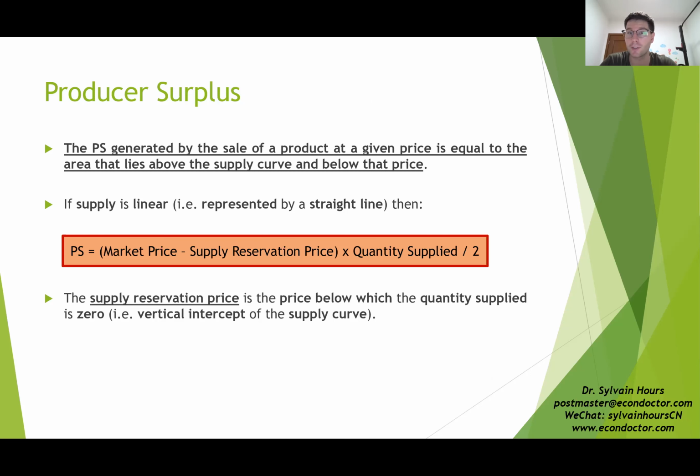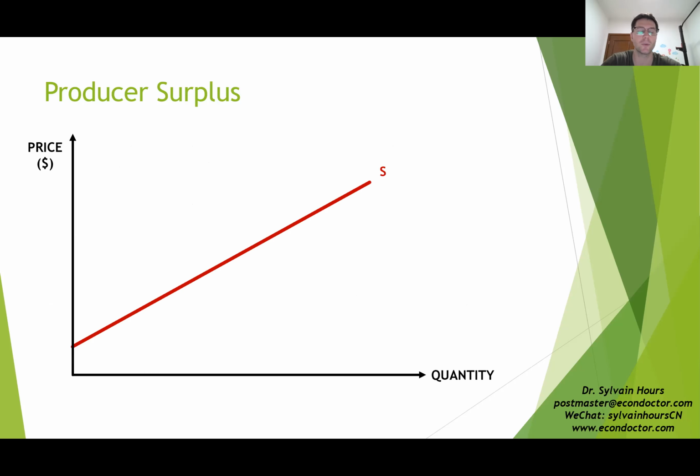So it's the vertical intercept of the supply curve, times the quantity supplied, divided by 2. Okay, so this would be the supply reservation price. So if the price is P1, this is producer surplus, below the market price, above the supply curve.